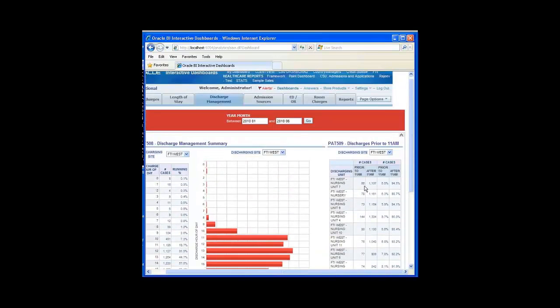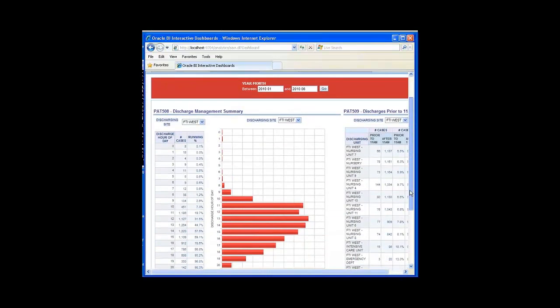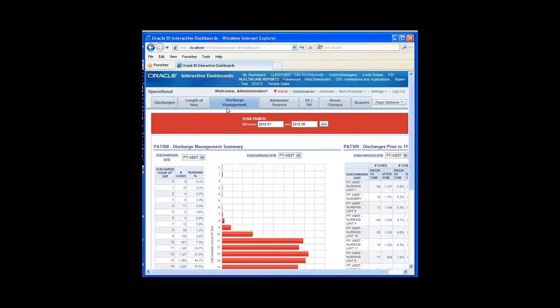So this is a more granular look at this information, so I can see by nursing unit how we're doing in terms of different types of units, and then you can set objectives naturally to improve that and use this discharge management dashboard to track your progress there.